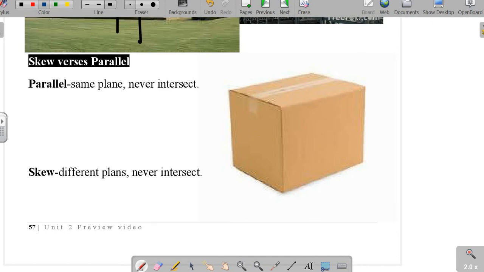Trace these lines, please. Stretch them out.